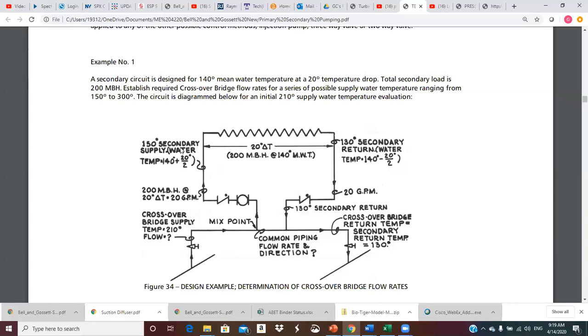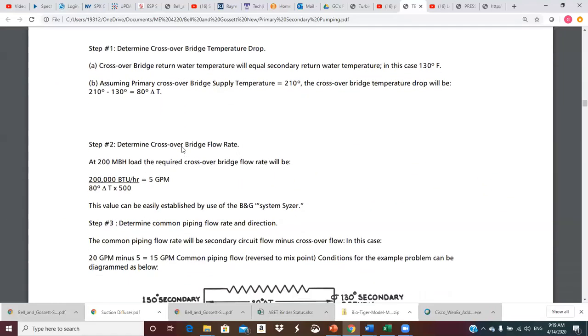Okay, so let's move on down here and see what they're talking about. He's going to walk us through this again. So step 1, determine crossover bridge temperature drop. Well, crossover bridge return water, as we said above, will equal secondary return water, and temperature in this case has to be 130 by looking at the diagram.